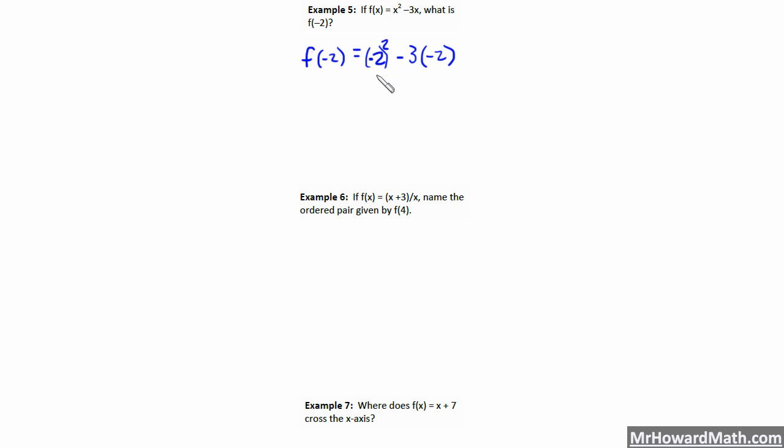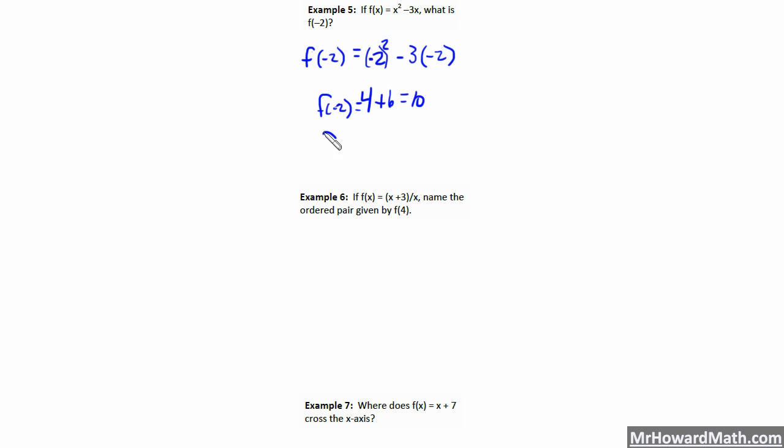So negative 2 quantity squared means negative 2 times negative 2, which is positive 4. And then minus 3 times negative 2, that would be minus negative 6, which becomes plus 6. So that's 10.